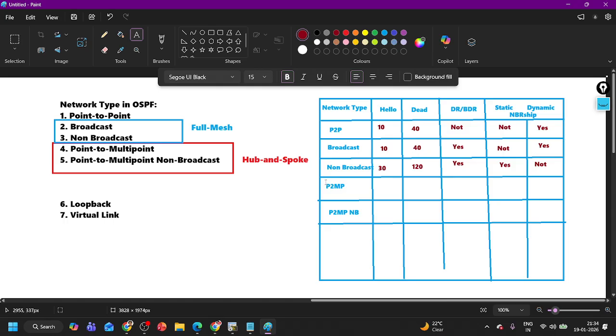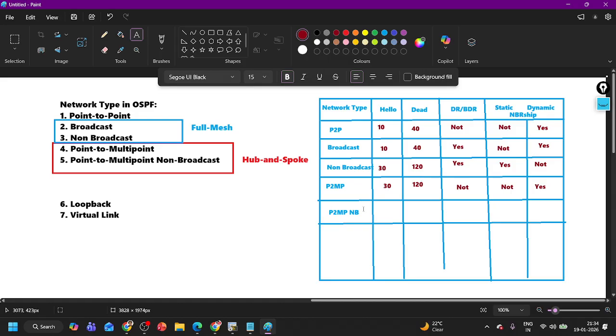In case of point to multi-point, hello time is again 30 seconds, hold on time is 120 seconds. DR/BDR is not required here, and DR/BDR election will not happen. It is not supporting a static neighborship. Here dynamic neighborship is possible, routers can become neighbor dynamically.